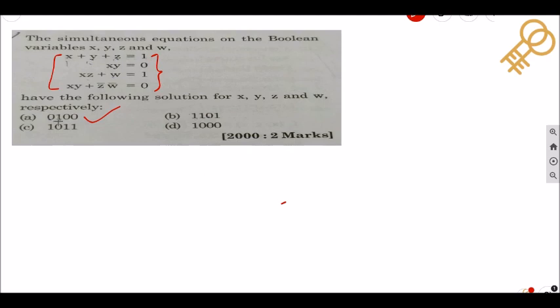You see, when we take the x value 0, this will not affect and this will become 0. So consider x is equal to 1, y is equal to 1, z is equal to 0 and w is equal to 0. When we put all the variables here, if you're getting 1, then definitely it will be your correct option.